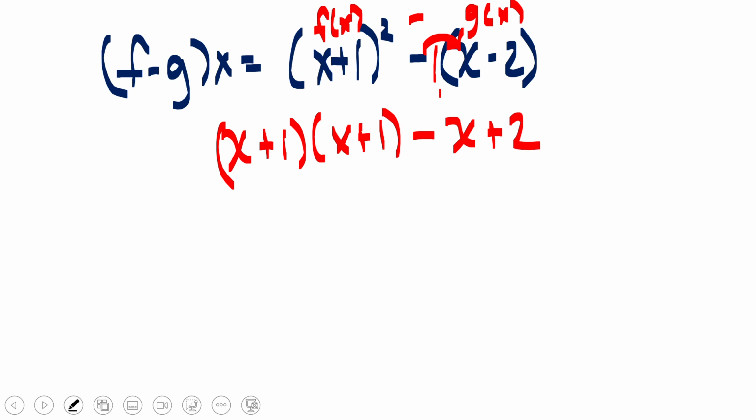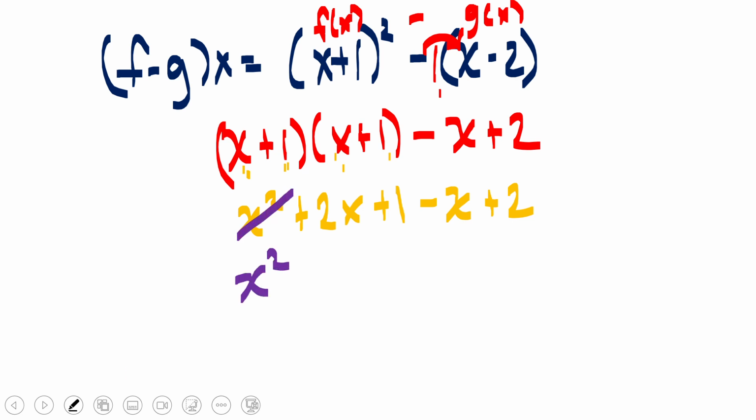Again, we're going to multiply our squared terms, and that will work out to be x times x is x squared. 1x plus 1x is a plus 2x. 1 times 1 is a plus 1, minus x plus 2. Like terms emerge, and we'll have x squared, that's addressed.